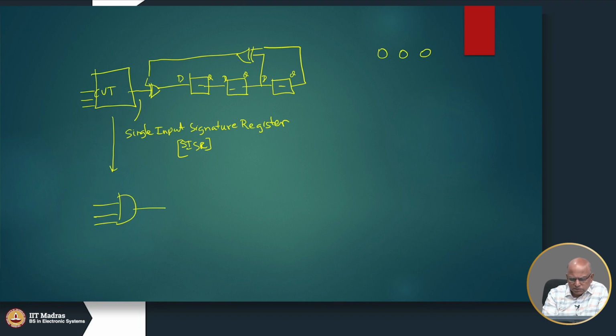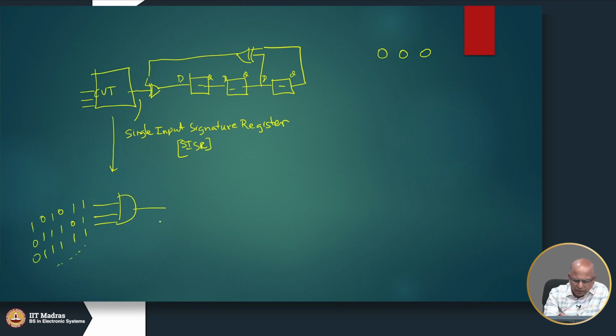And the random patterns I am applying are 1 1 1, 1 0 1, 0 1 1, 1 1 1, 0 1 1, 1 0 0. So, those are the random patterns which are coming in.